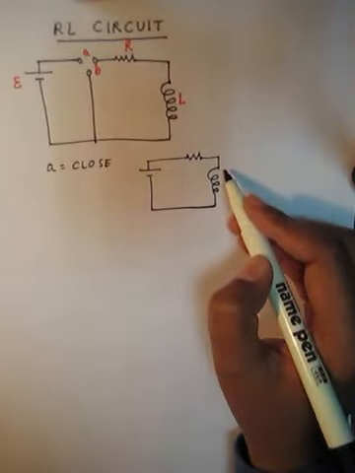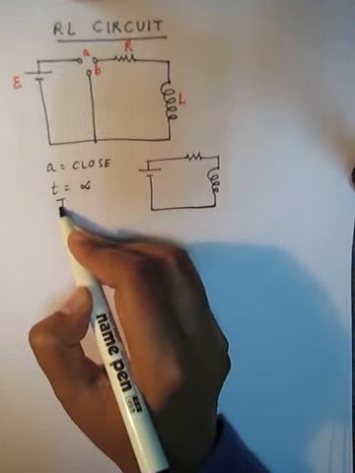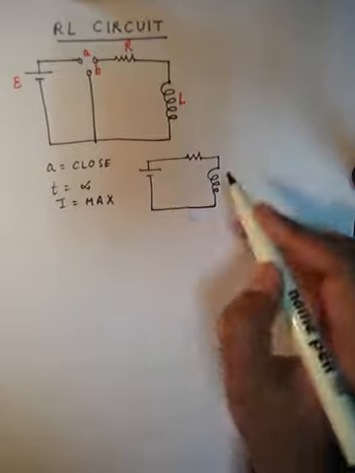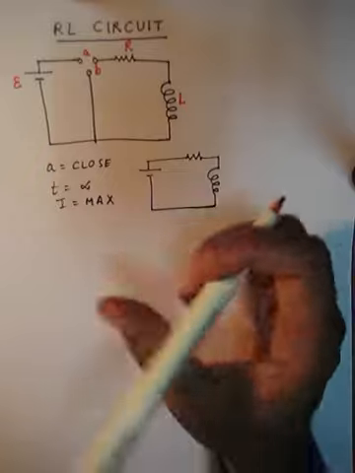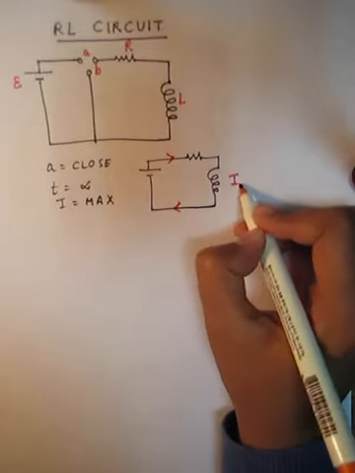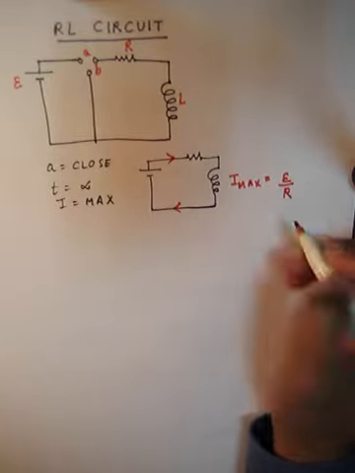And when switch A is closed and time is infinite, the current is maximum. So a maximum current is flowing through this circuit, in this direction, and it will be epsilon upon R.